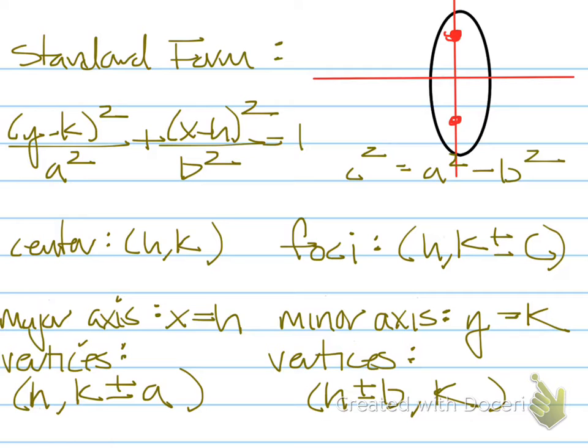The major axis is x equals h, minor axis y equals k. The vertices can be found by adding and subtracting a to the y coordinate of the center. Covertices can be found by adding and subtracting b to the x coordinate of the center.